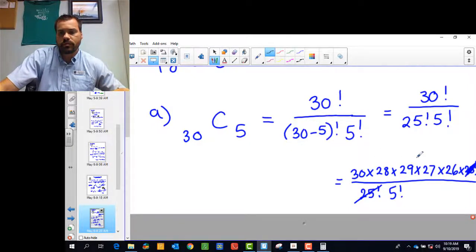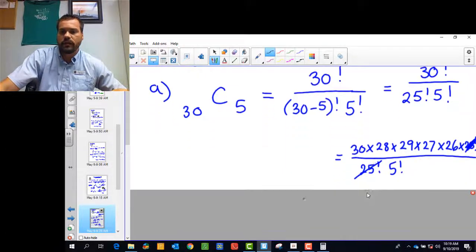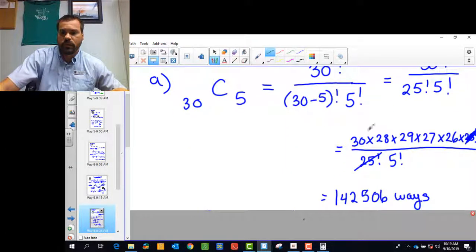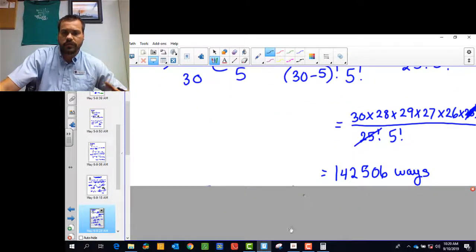It's 30 times 29 times 28 times 27 times 26, and then times 25 factorial. So actually the last large portion of that just cancels. So 25 factorial goes away, and I end up with that. Okay. Either way, you can use your calculator right away, or you can do it out like this, but there's a lot of ways you can do that. So that's how you use a combination.